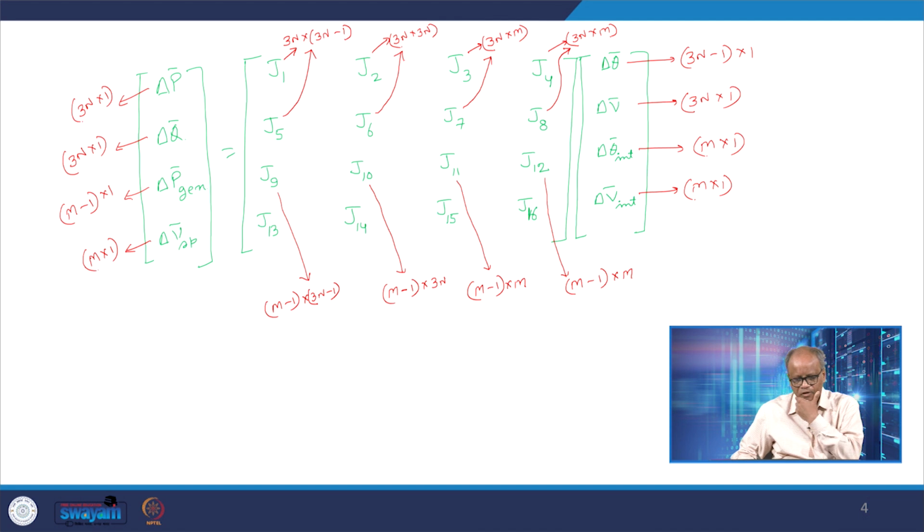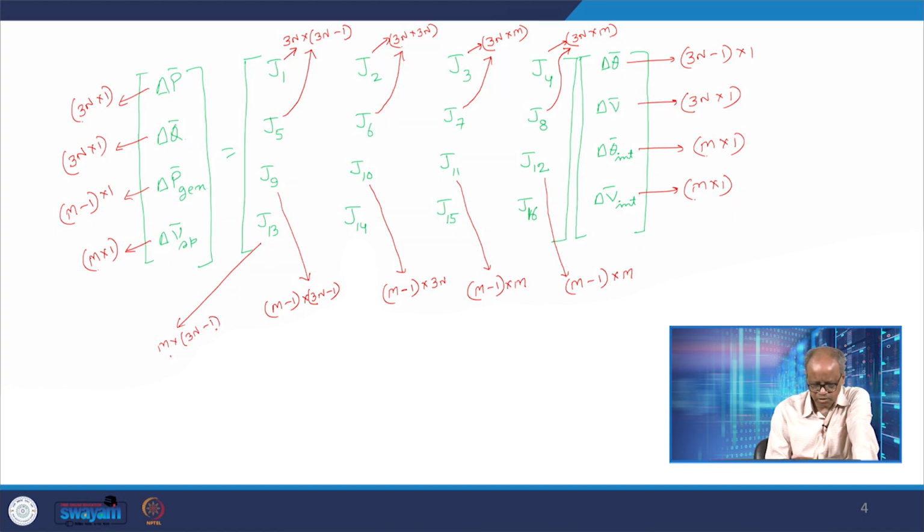Correct. Now, what happens to J13? J13 would be m cross 3n minus 1. What about J14? J14 is also m cross 3n. What about J15?